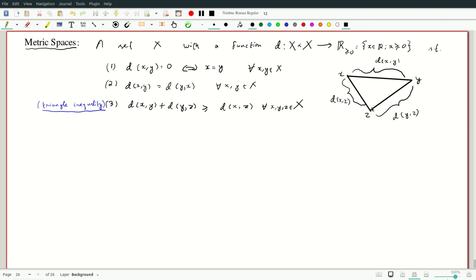In this case, xz wasn't even the longest side, but in general, the length of the side of a triangle is less than the sum of the lengths of the other two sides.